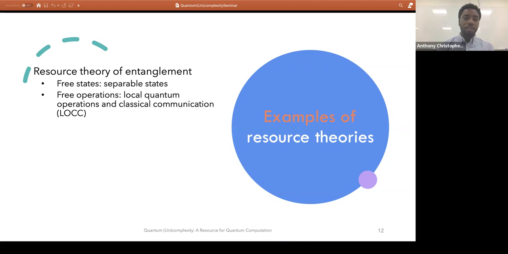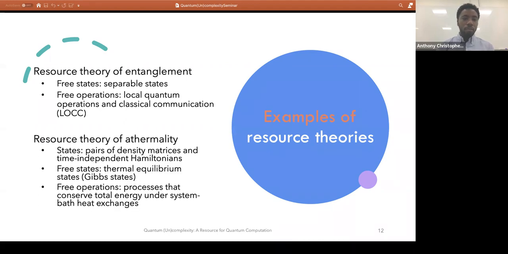And then the free operations are what are called LOCC operations, ones in which you can perform local quantum operations. So I'm able to do quantum things, but it has to occur in my local laboratory. And I'm also allowed to perform communication, but it has to be classical. So I'm not able to apply general quantum channels in which I can generate or leverage entanglement as a result of my operations.